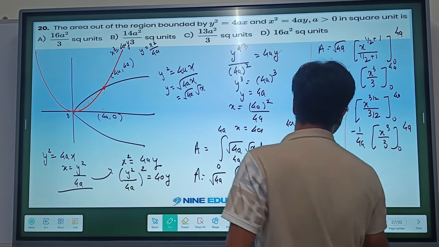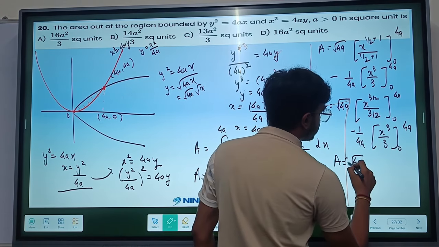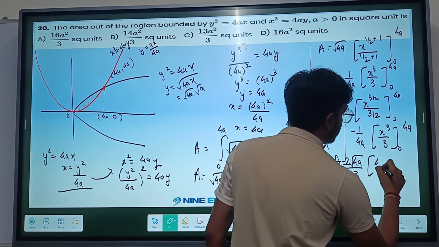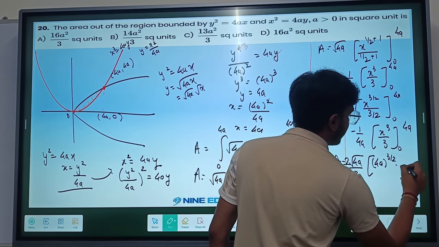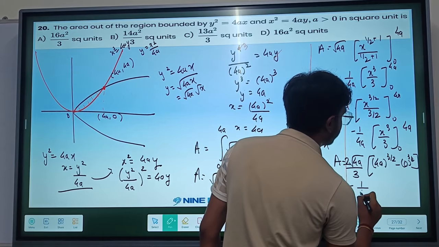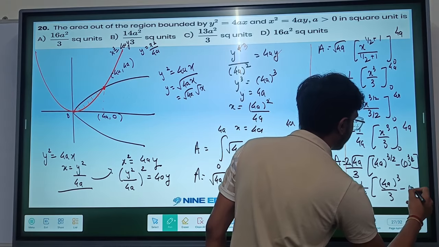Let's substitute the limits. Area would be root 4a, and 3 by 2 comes outside as 2 root 4a by 3, times x power 3 by 2, that is 4a power 3 by 2, minus 0 power 3 by 2 which is 0. Minus 1 by 4a, this will be (4a) cube by 3 minus 0.